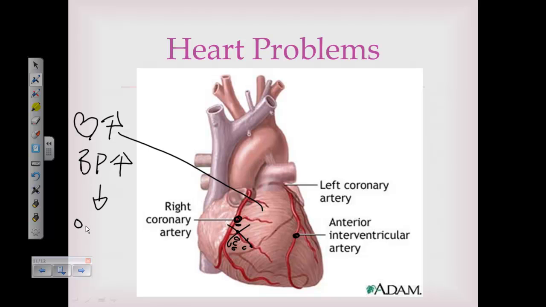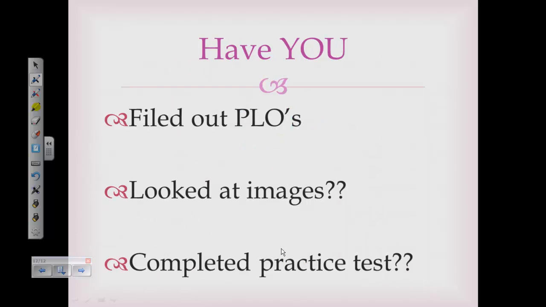Over time, it can lead to a heart attack, heart failure, death. And for cures, they can cut out this blocked artery and put a new one in, or they can try to remove that clot by putting a balloon in, angioplasty.